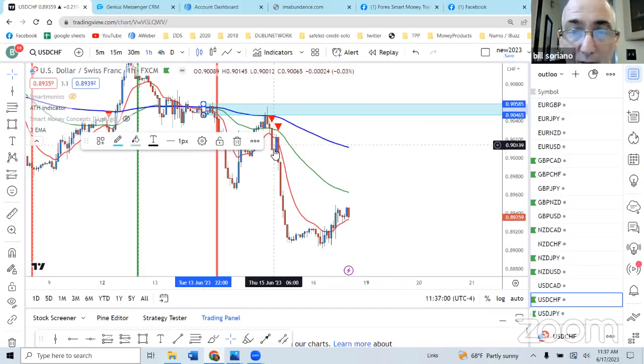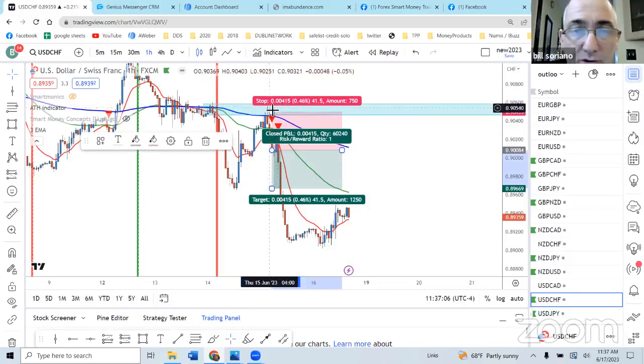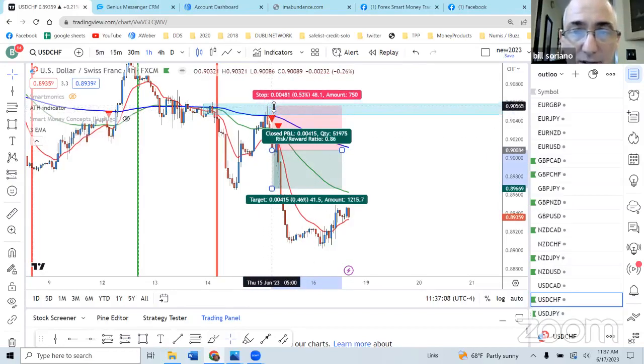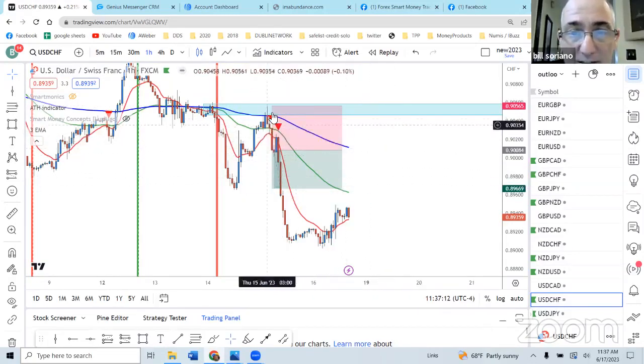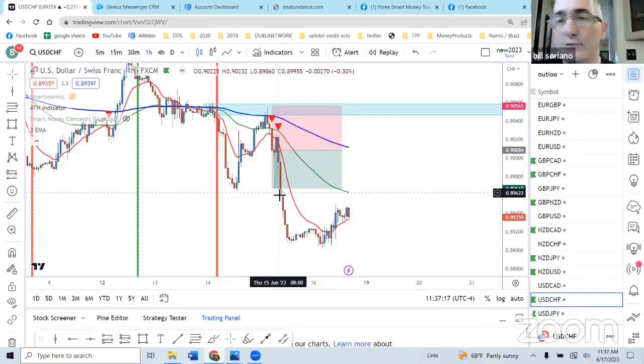We can wait for a pullback, which we would get, or we can just take the trade at the open of the next candle to make sure we get in. This trade has a risk of about 50 pips, so a little more risk involved, right? 50 pips, but doesn't matter. You're always risking the same amount of money because you're basing your risk on 1% of your trading account or 2% of your trading account.